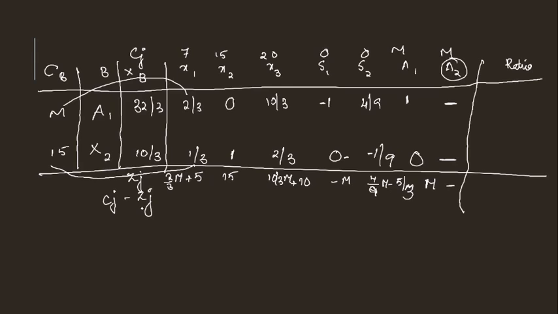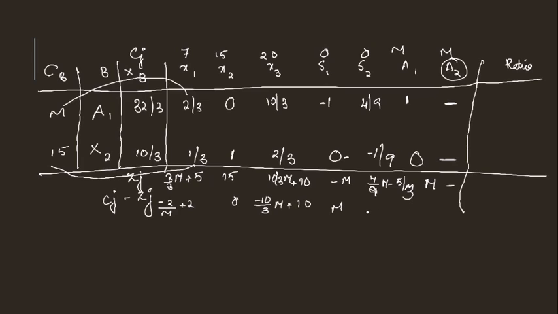Okay, so what is zj minus cj? Zj minus cj is minus 2 by 3m plus 2, 0, minus 10 by 3m plus 10, then you have m over here, cj, so 0 minus m is m.